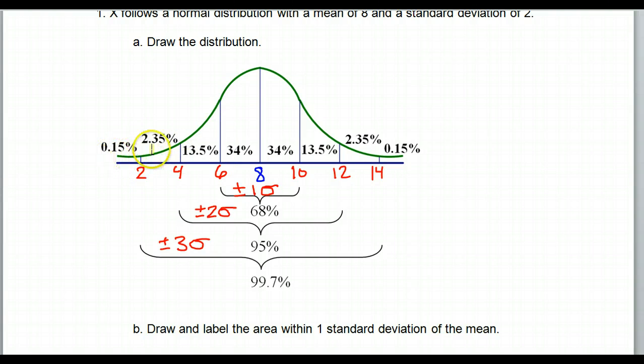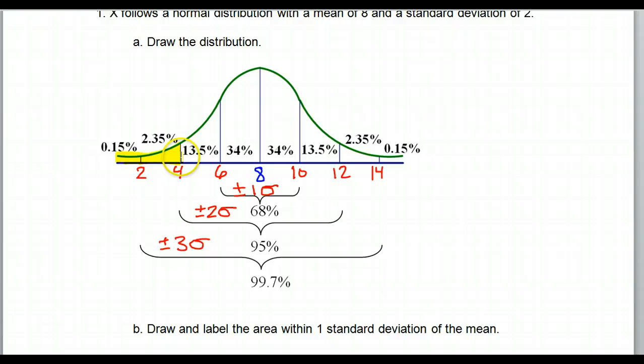So let's just start adding these up until I get to 16. This little piece right here, that's 0.15%. Okay, I need to go further. If I include this piece right here, now I'm up to 2.5% if I add these together.